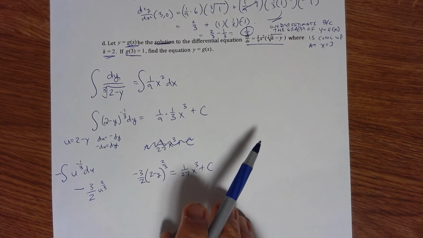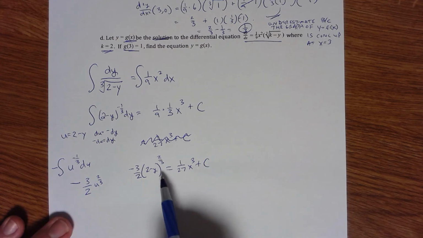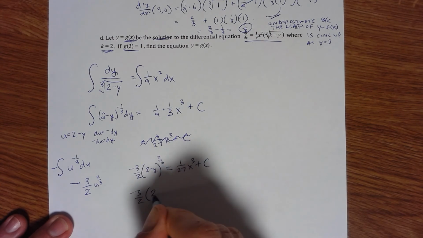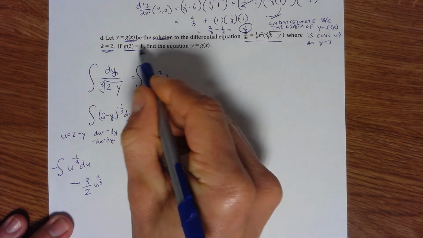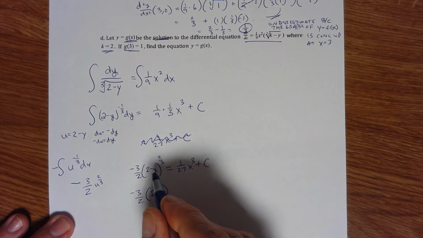But we're going to have to do a couple more steps in here. We do have to plug in the initial condition, which would obviously be worth another point. So let's plug in the point (3, 1). So -3/2 times (2 minus 1), because again I'm using this point that has a y-coordinate of 1. I think it's a good idea to plug in at this stage before we solve for y.